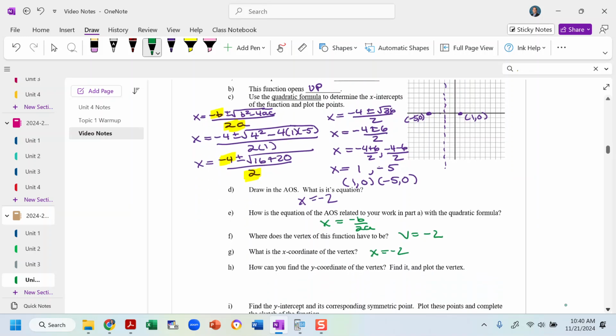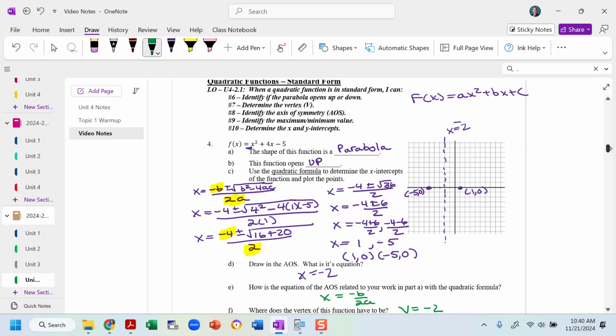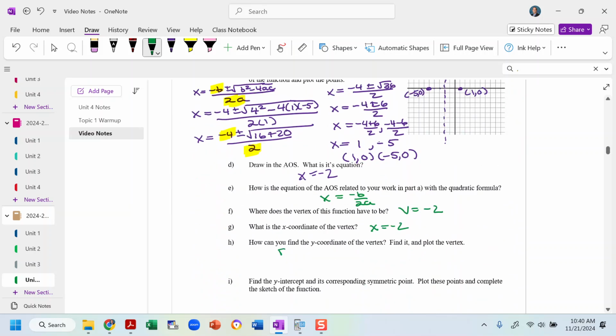So now to find the y-coordinate of the vertex, you can plug in that negative 2 into the function. That gives you 4 minus 8 minus 5, which gives you negative 9. So the vertex is negative 2, negative 9.